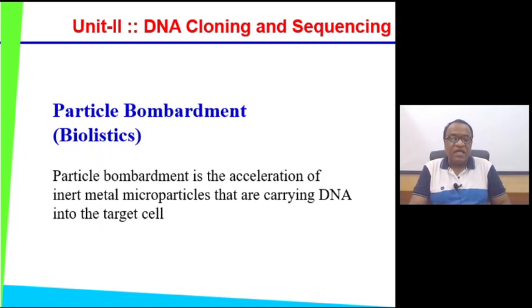So this complex of vector, carrier DNA and metal microparticles must be accelerated to reach inside the recipient plant cell nucleus. Put together, the complex must be accelerated so that it reaches the nucleus of the plant cells.